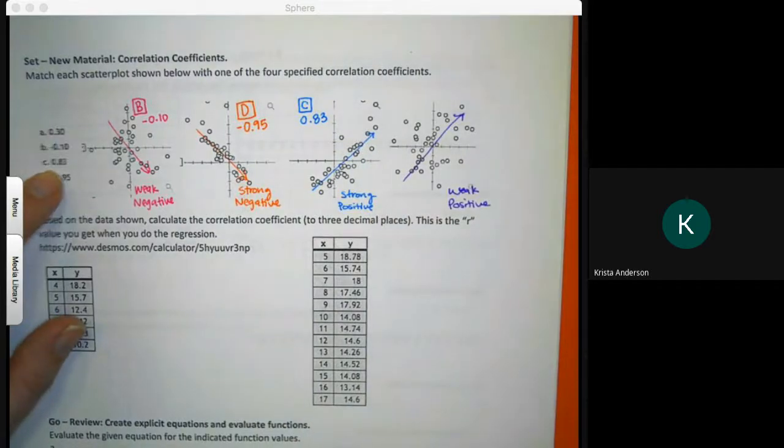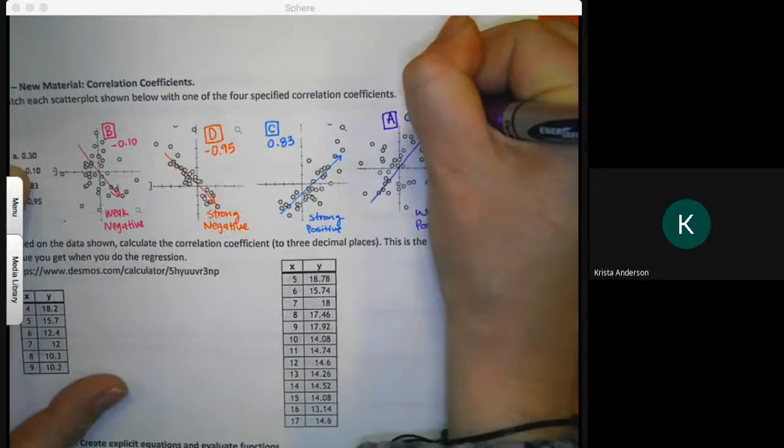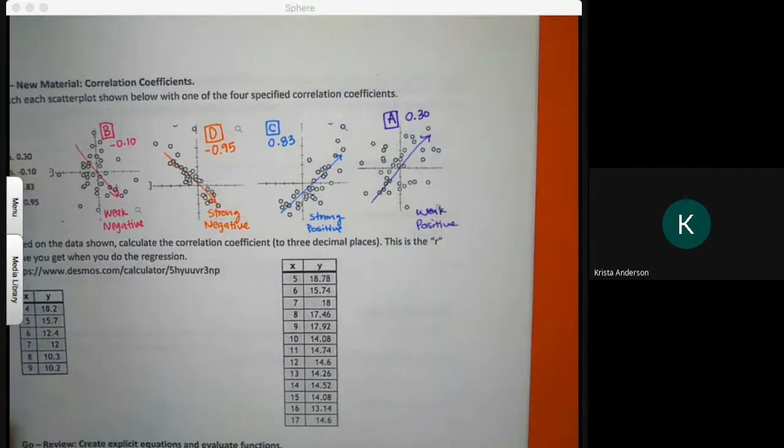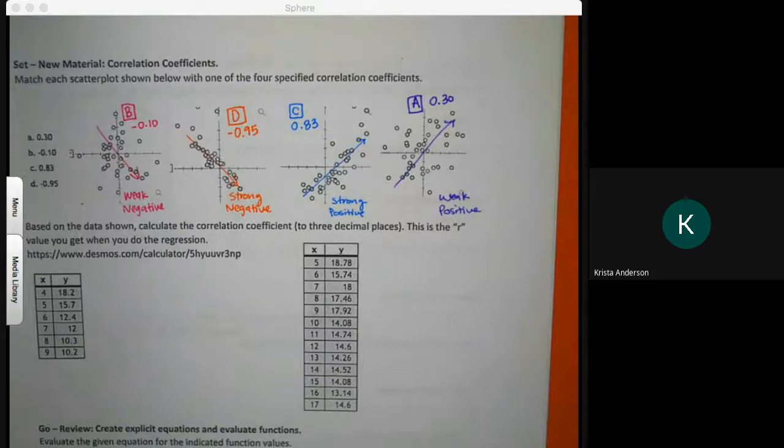And the purple. A, 0.3. Does that make sense? That the correlation just tells us how strong our data is.